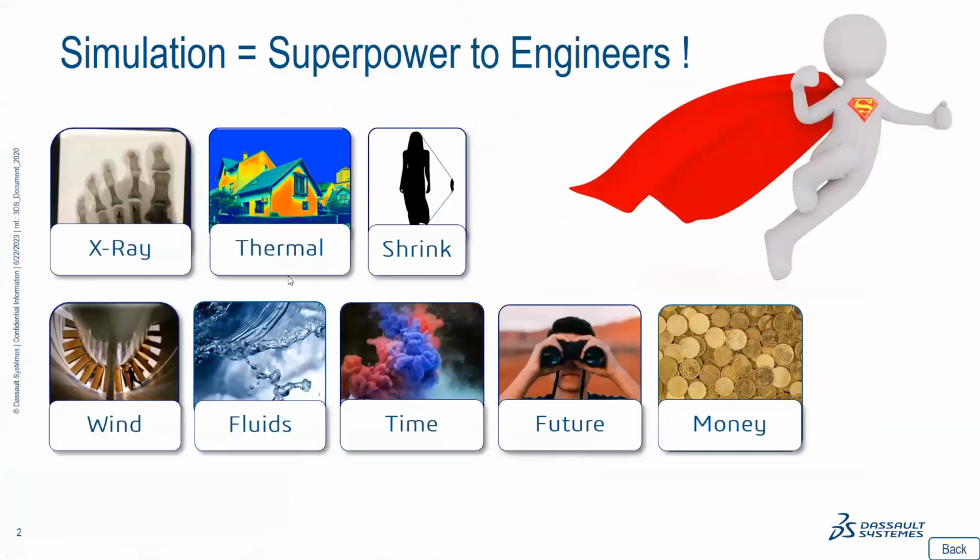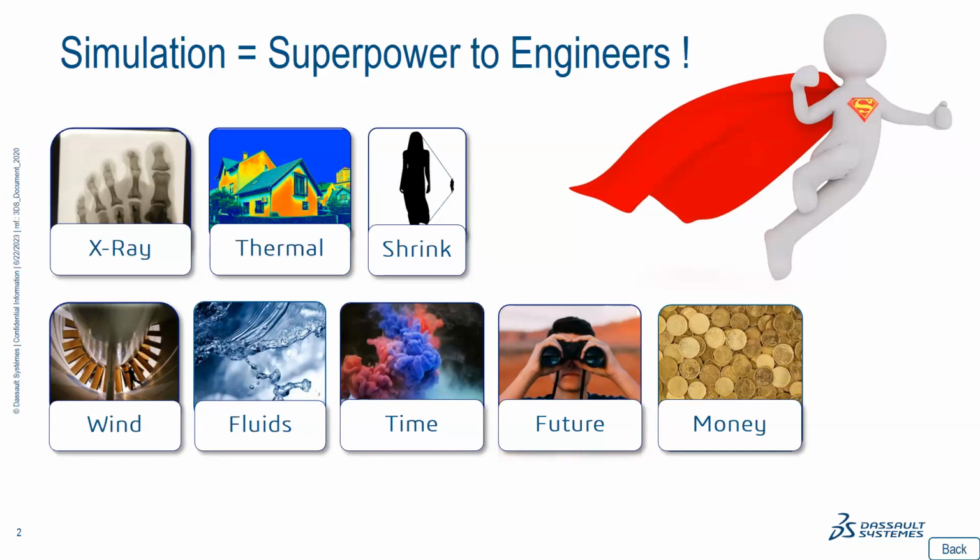So what is simulation? First of all, simulation is for the engineers or the designers. It's an additional tool, similar to a superpower. Why superpower? For example, when you want to see the temperature on an object, you can take a thermometer, but this is not super precise because it can be very punctual.